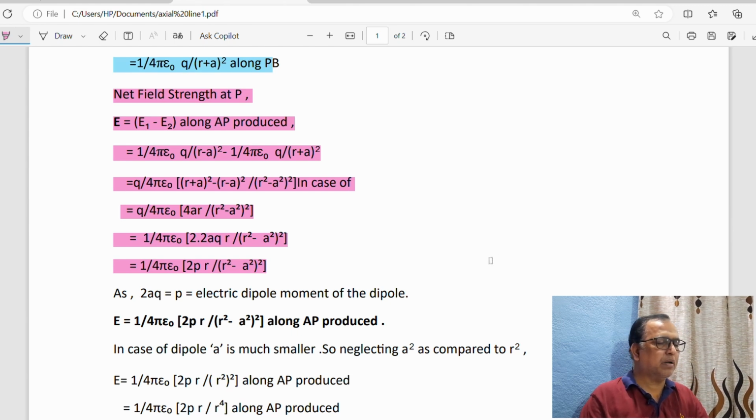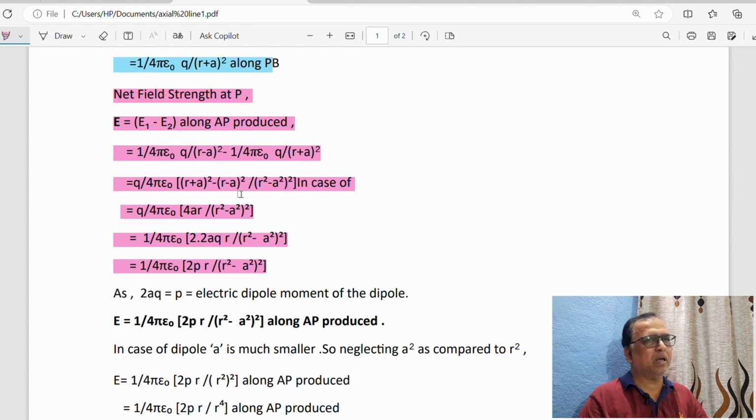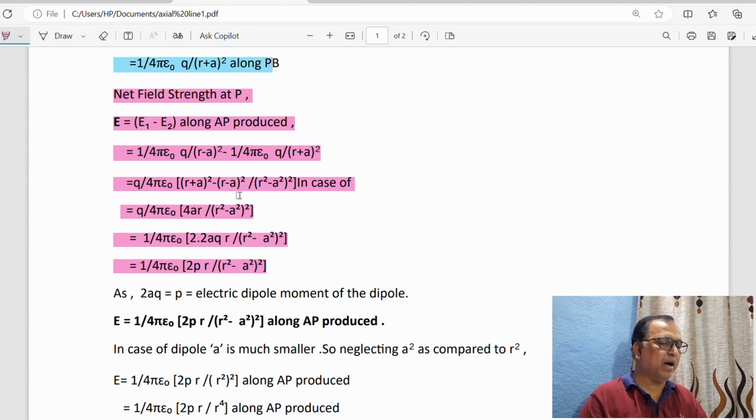We take q by 4 pi epsilon naught common, and inside the bracket we get r plus a whole square minus r minus a whole square, divided by r square minus a square whole square.